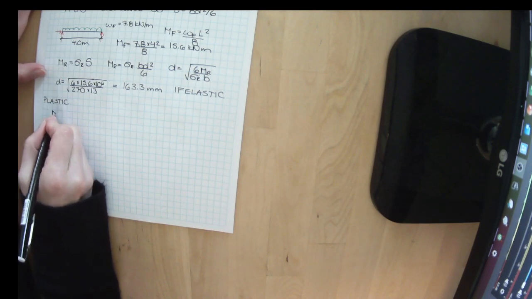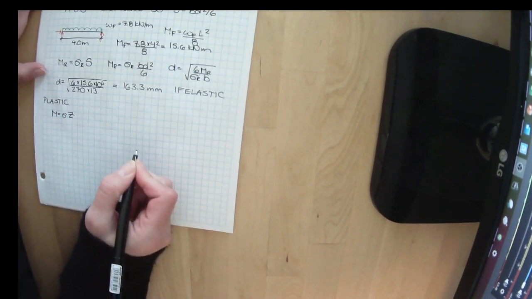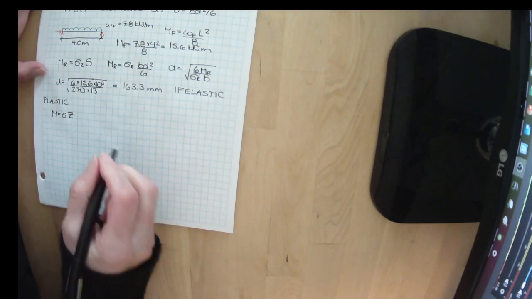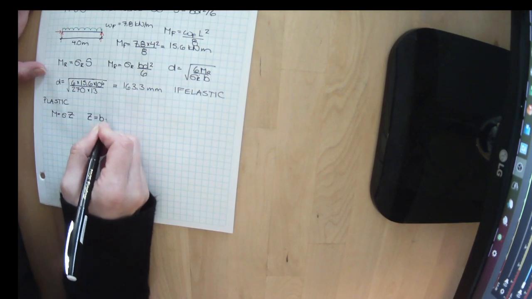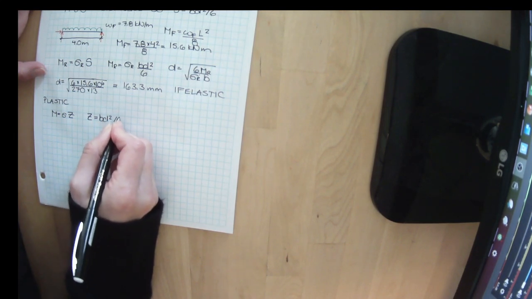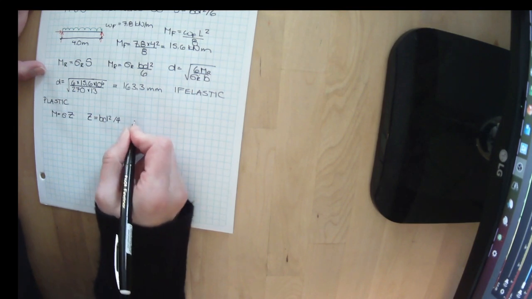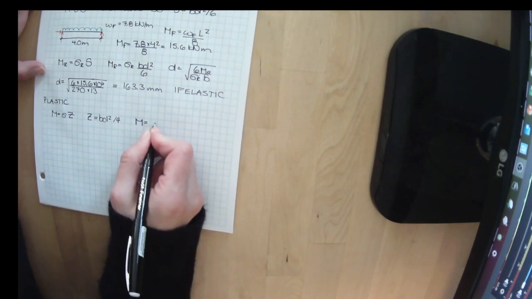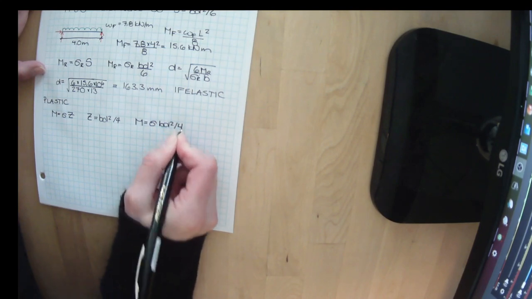So now M equals stress times Z. We know that Z for a rectangle is BD squared divided by 4. So we know that M equals stress times BD squared divided by 4.